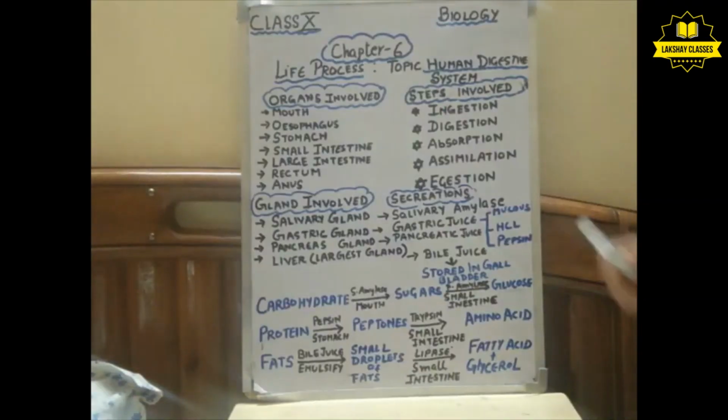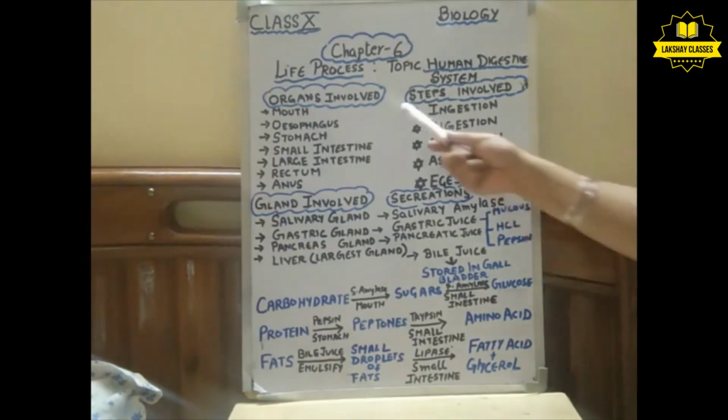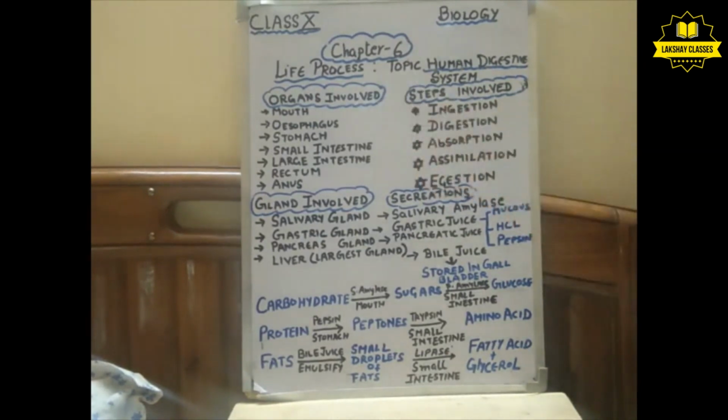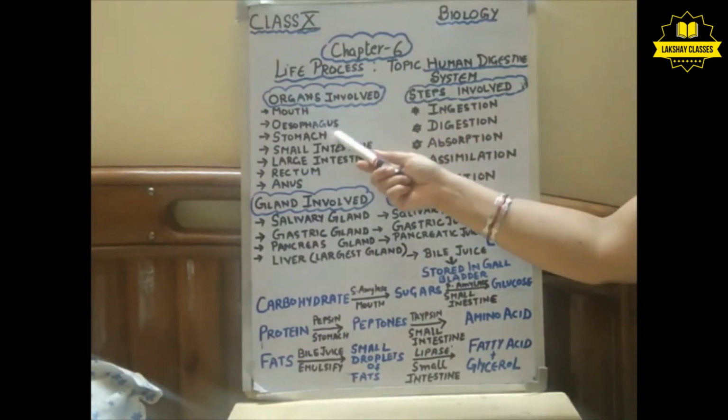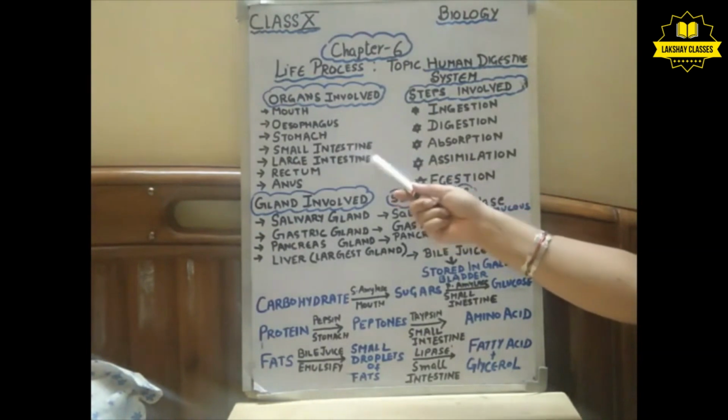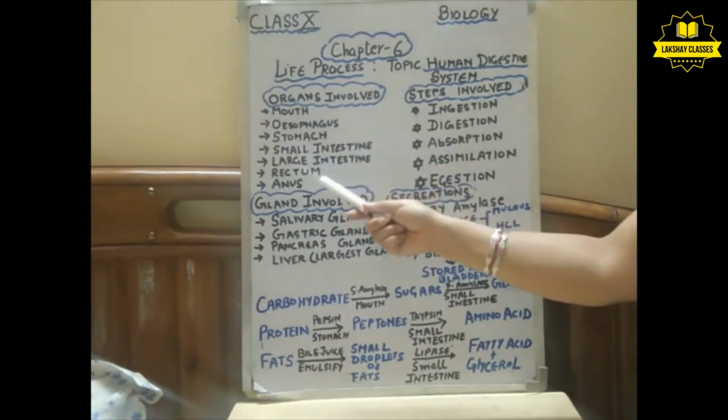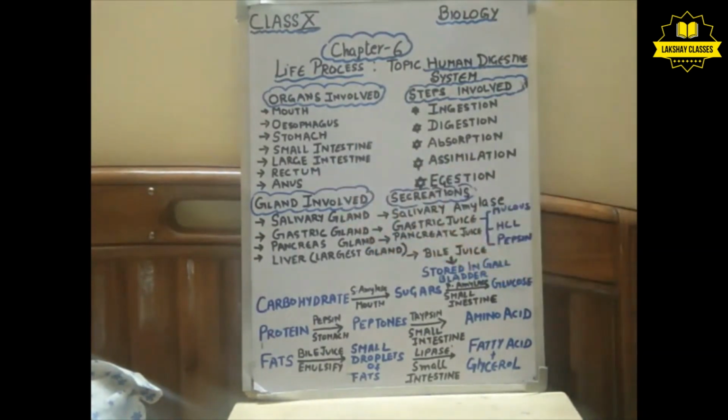Let's continue with the topic of human digestive system or nutrition in human beings. The different organs involved in the digestive system of humans, you must be knowing because you are studying from lower classes, are mouth, esophagus, stomach, small intestine, large intestine, rectum and anus.